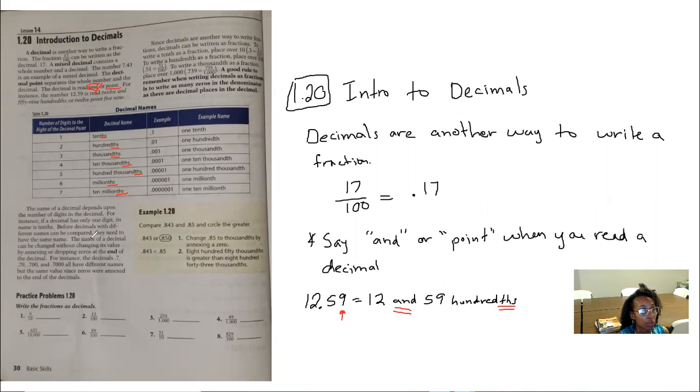Let's see. The name of a decimal can be changed without changing the value by annexing. They like this word, annexing. Annexing means to add zeros to the end, or dropping, meaning take off zeros, okay? So by annexing zeros, you're just adding additional zeros.